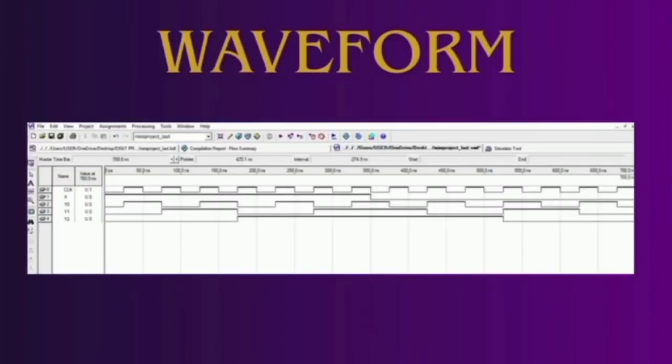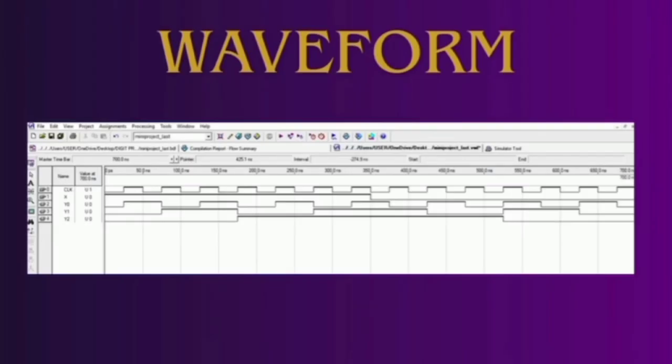So this is the waveform. This waveform simulation shows how the circuit behaves over time when different inputs are applied. In the waveform, the clock signal controls when the flip-flops update their states. Each time a clock pulse occurs, the JK flip-flops evaluate their J and K inputs and update the outputs accordingly.